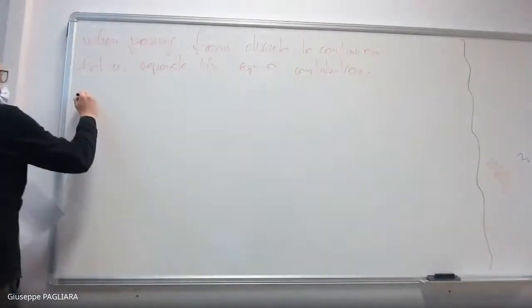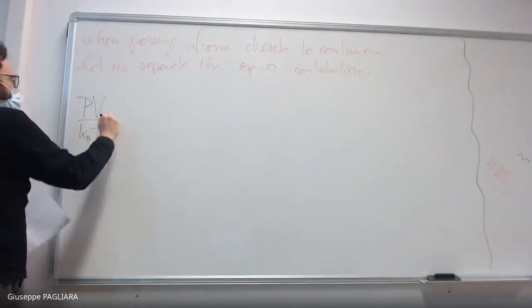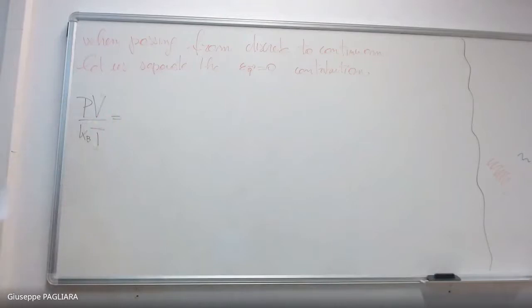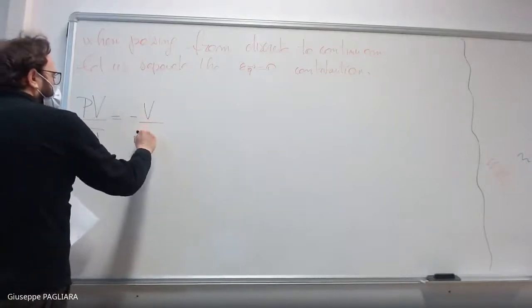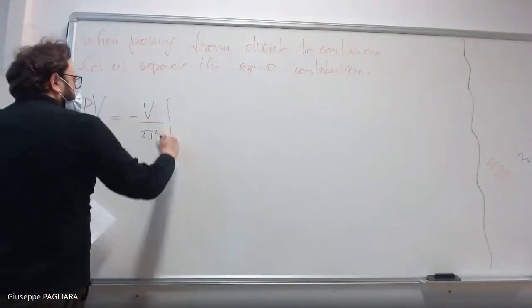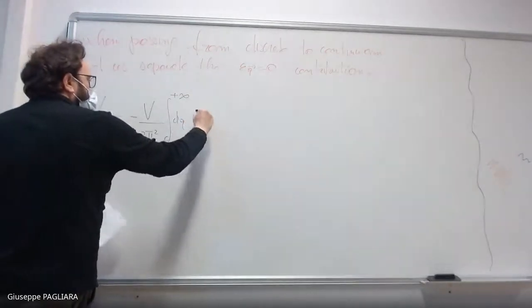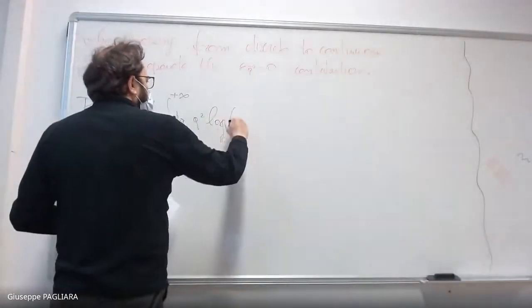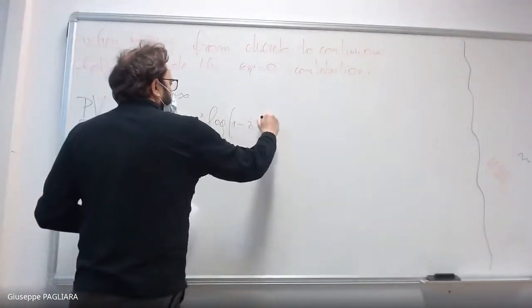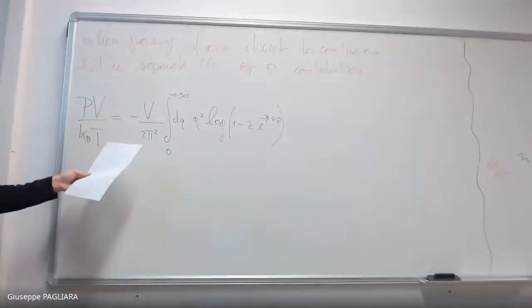So the PV divided by KBT, this was just the logarithm of the grand canonical partition function, and this is equal to minus V as before, divided by 2 pi squared integral 0 to plus infinity q squared logarithm of 1 minus z e to the minus beta epsilon q as before, which is the continuum.